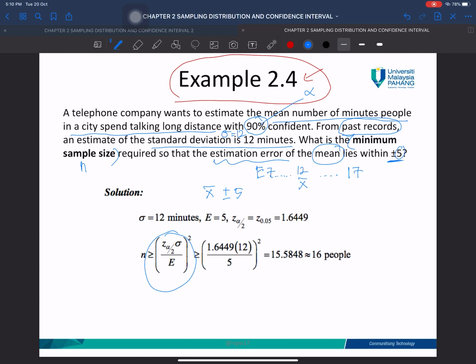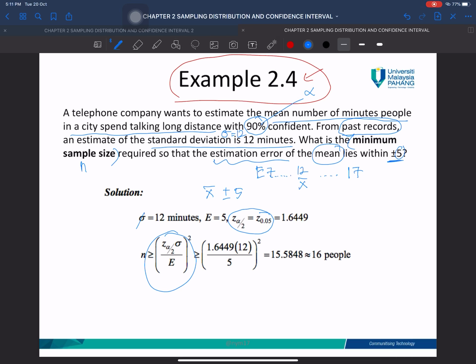Okay, so from the 90% level, we can know the alpha from here, then find the distribution value. So divide by 2, because in your formula we need the alpha over 2, so we have 1.6449. Okay, so you just substitute in this formula.